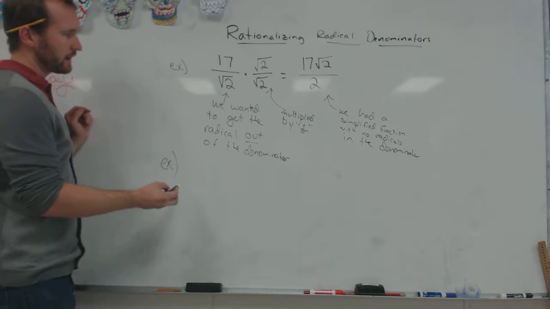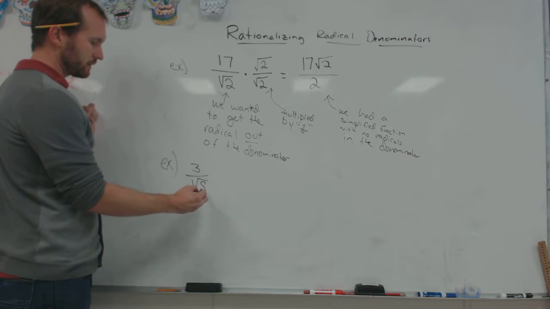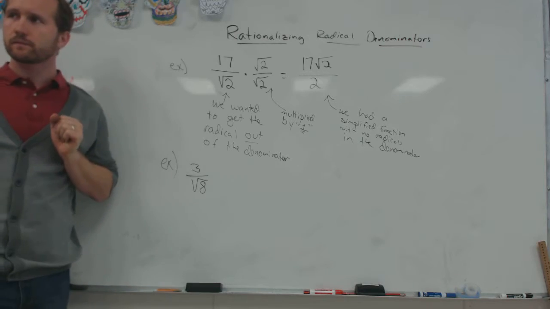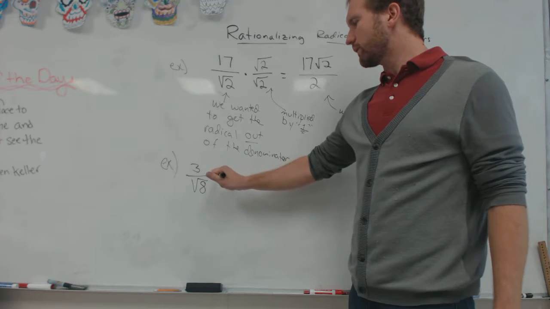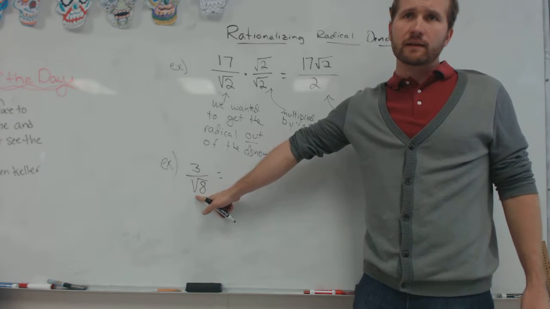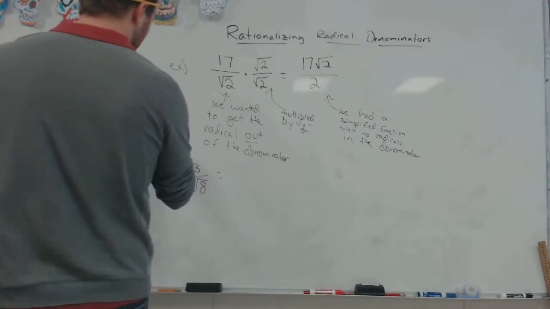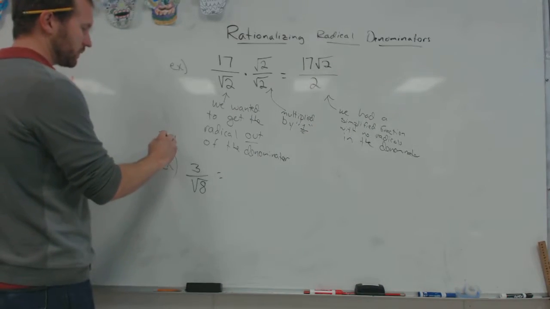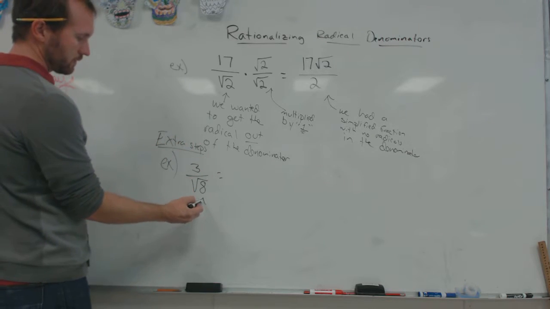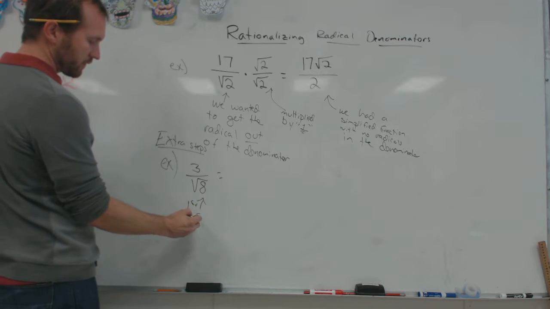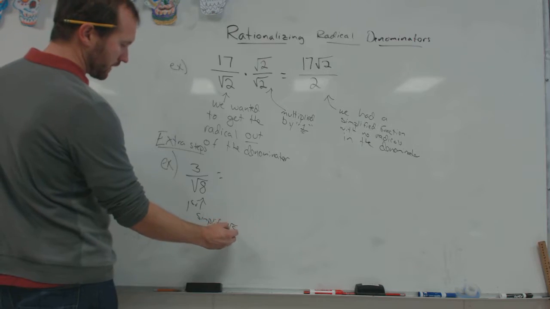The first one is if I had something like 3 over the square root of 8. What I want to do first is simplify this radical. So these are extra steps, and our extra step here is to first simplify the square root of 8.